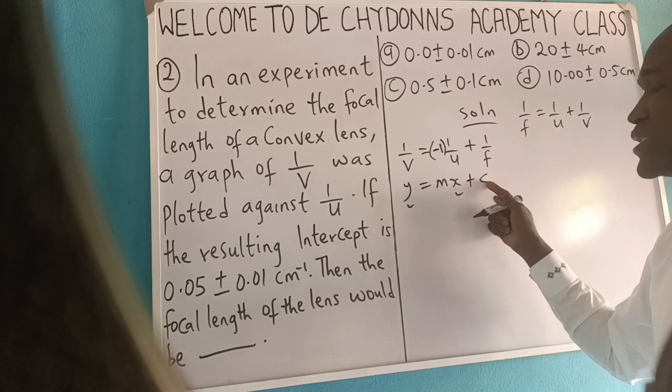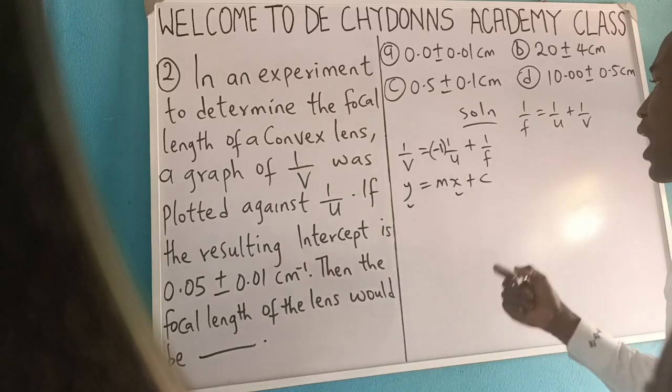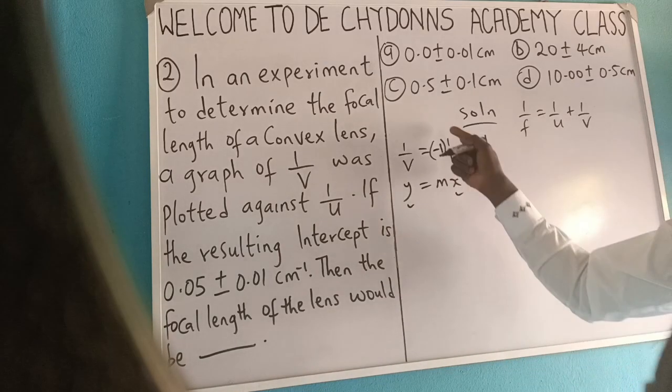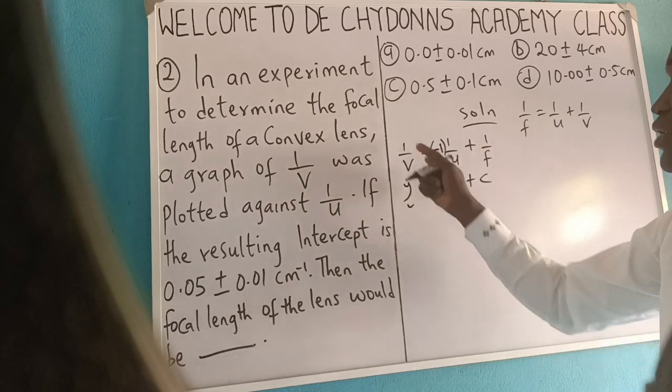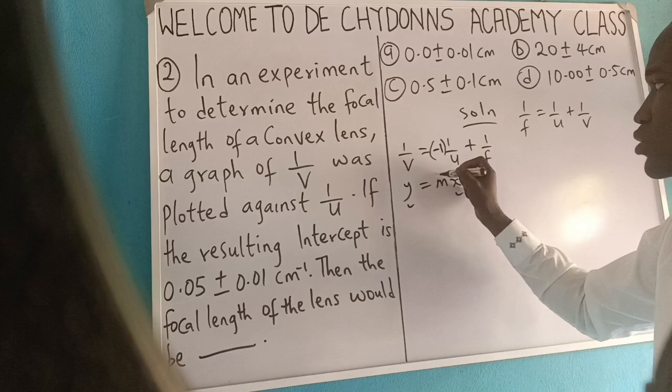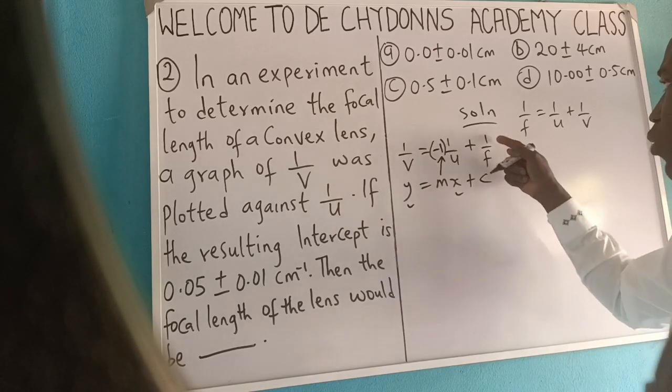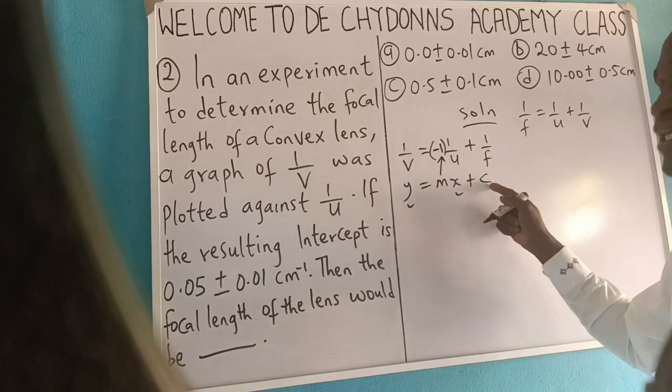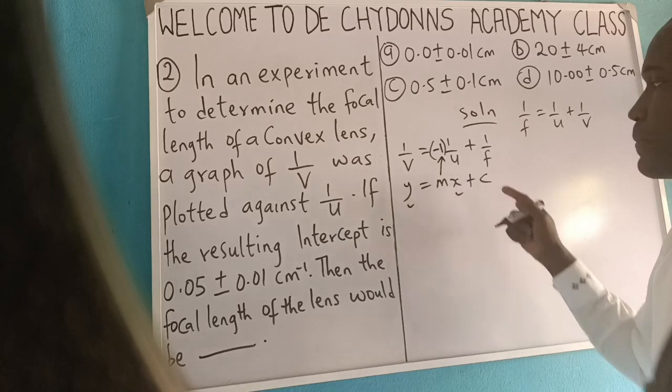That is where it meets the vertical axis. Comparing it to what we have here, y is 1 over v, x is 1 over u, m is minus 1, and 1 over f becomes the c. The c is called the intercept.